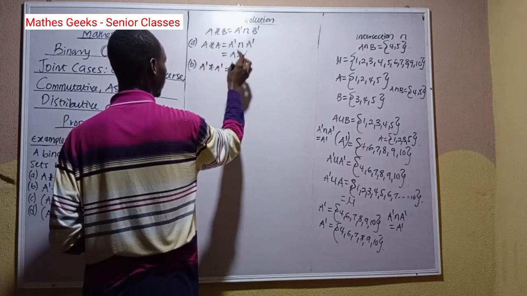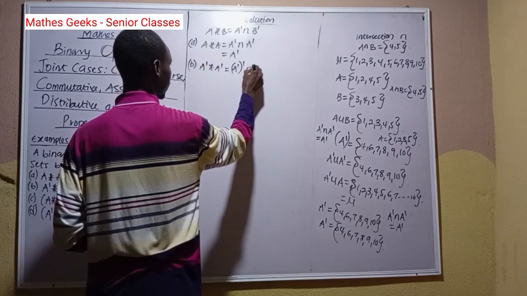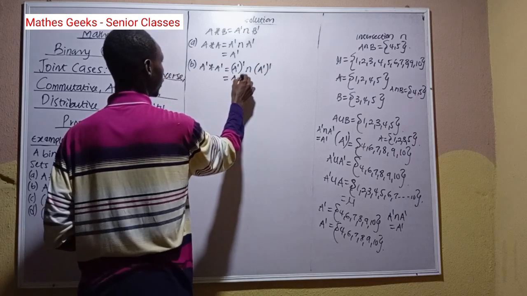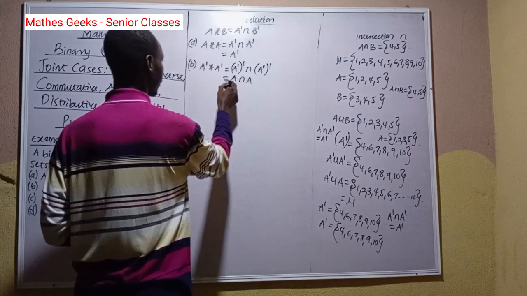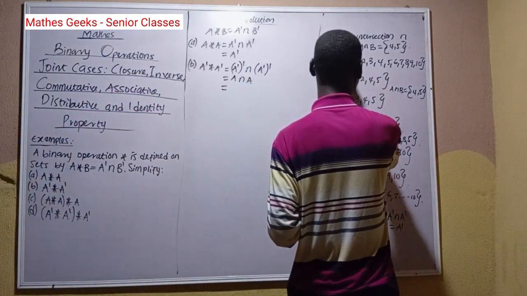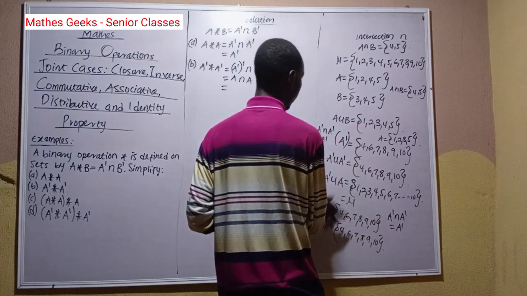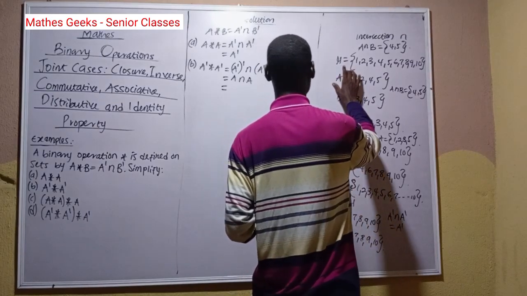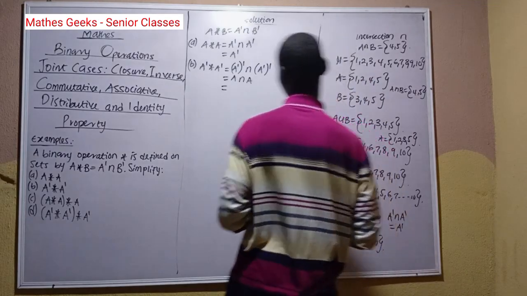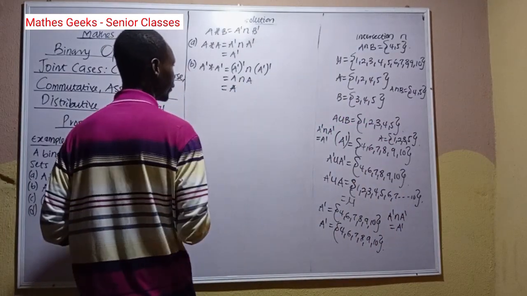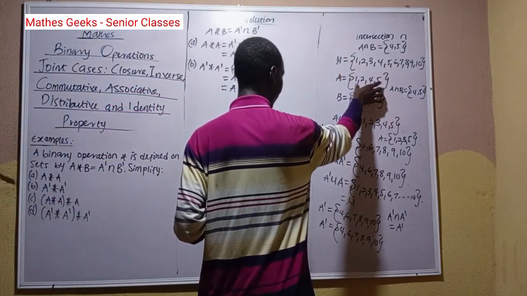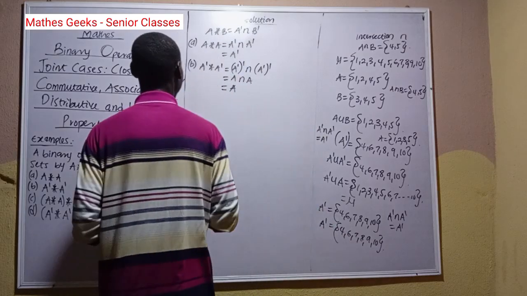So the complement of A complement intersection complement of A complement gives us A intersection A. If A is this, and we have A again, what is the intersection of A and A? It will give us A as well. What will be common between this set A and another set A with the same elements? It will be A itself.